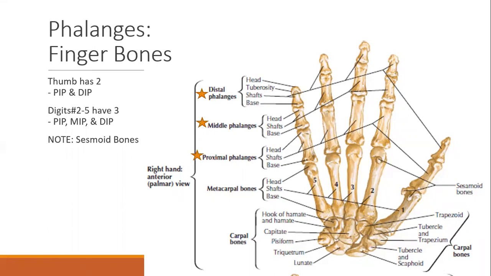And that's because when you get further in your studies, things that cause inflammation and wearing down of the DIP, the distal, versus the proximal, the PIP, can be different. Like osteoarthritis versus rheumatoid arthritis.